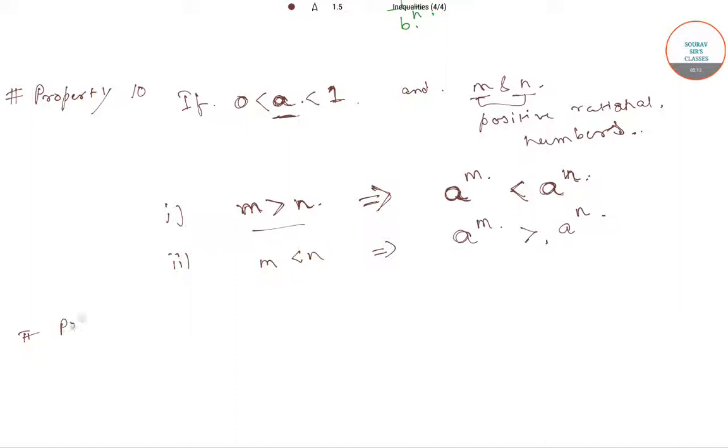Our next property is property number 11.